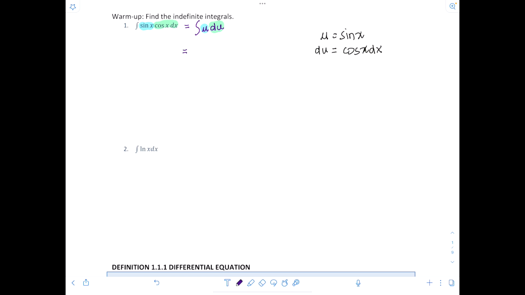And then just that simple power rule, we'll get 1/2 u squared plus our constant of integration, which is 1/2 the sine function squared, evaluated at x, plus our constant of integration.